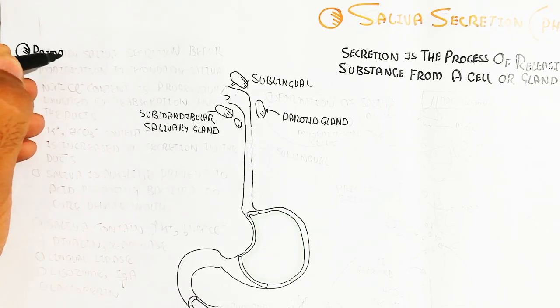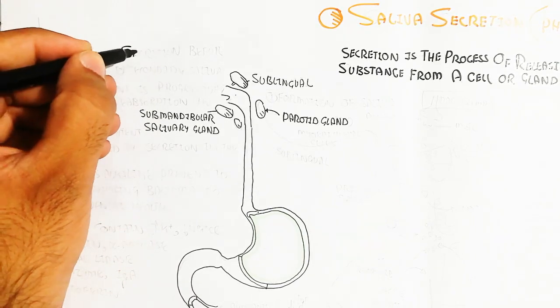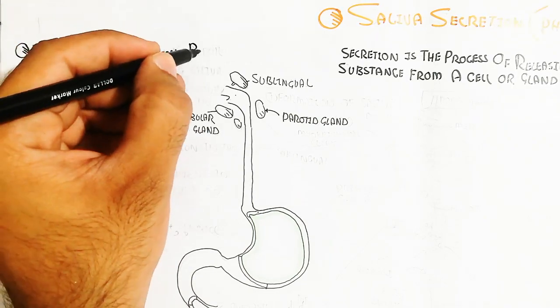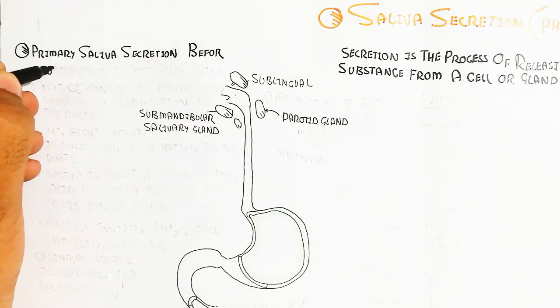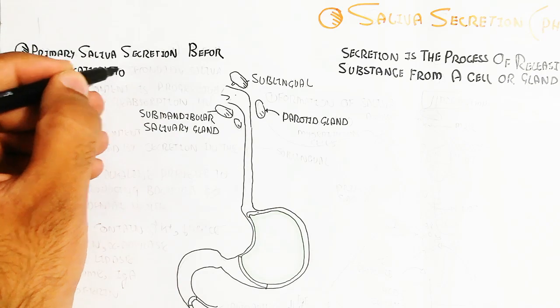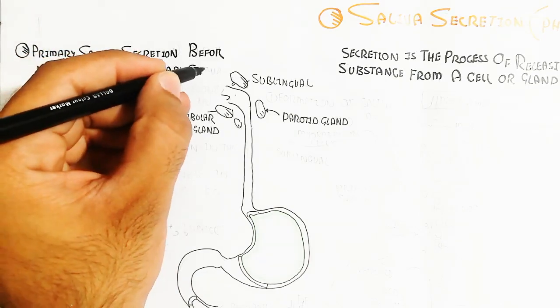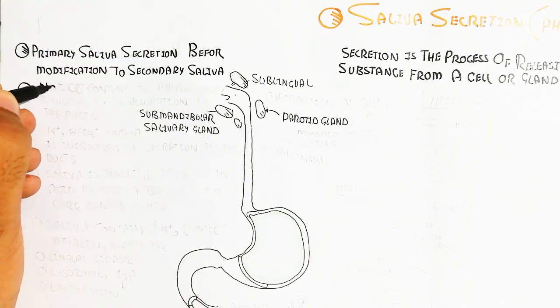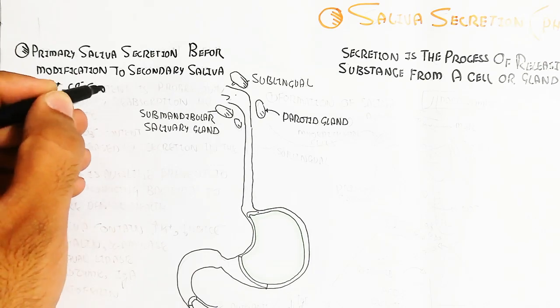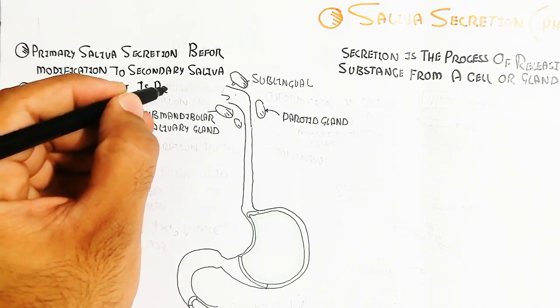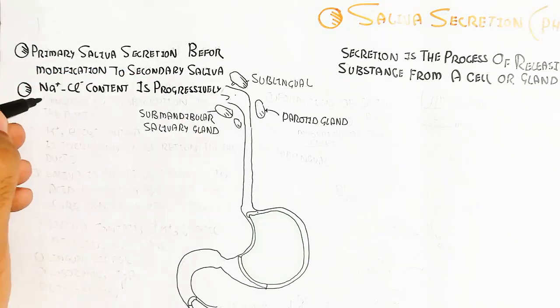But first, let's know the content of the saliva. What is saliva? The primary saliva secretion is modified into secondary saliva, and that is important for digestion in the oral cavity, to form a bolus by mastication.